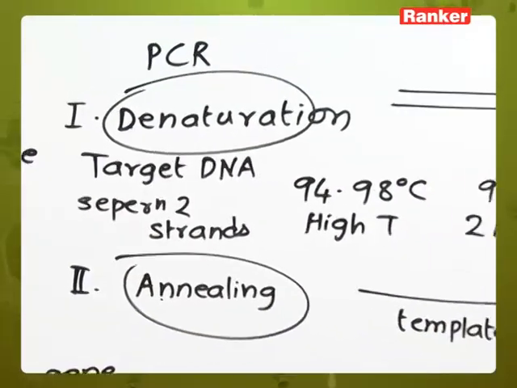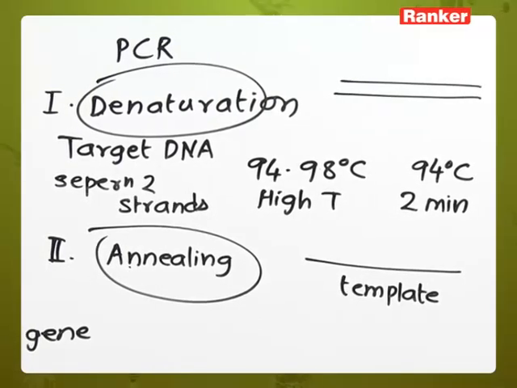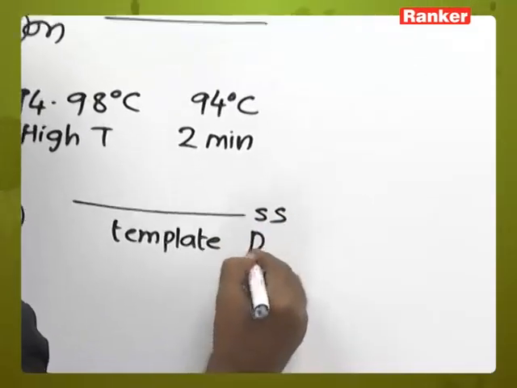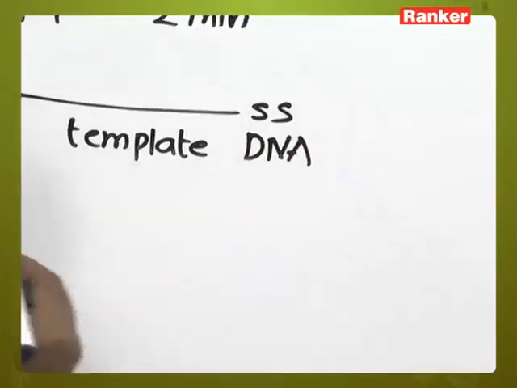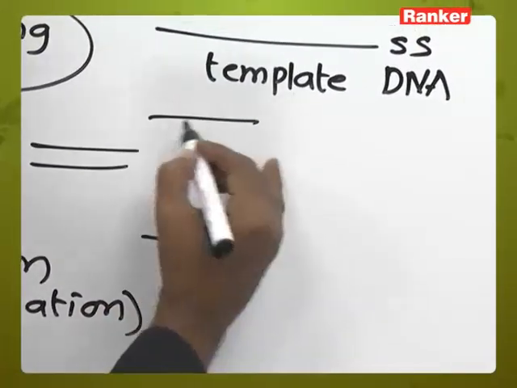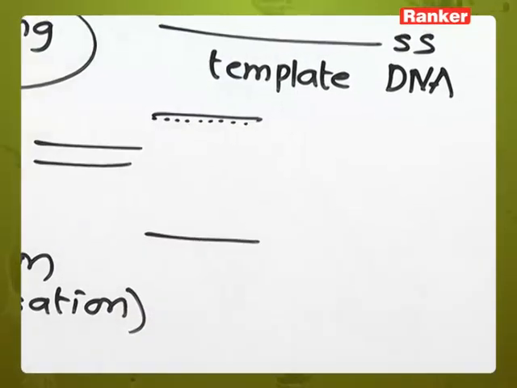Next, what do you understand by annealing? Now, annealing means we primarily hybridize the two strands of the DNA or the two single stranded DNAs. We have the DNA at one stage, it gets separated into two strands, and again here we tend to take another strand and we try to join it.